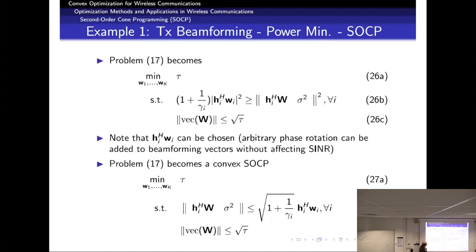And now I'm minimizing over this variable, so tau is also an objective variable, so I need to optimize over tau as well. Actually, I should add this. Right, and so I have this.